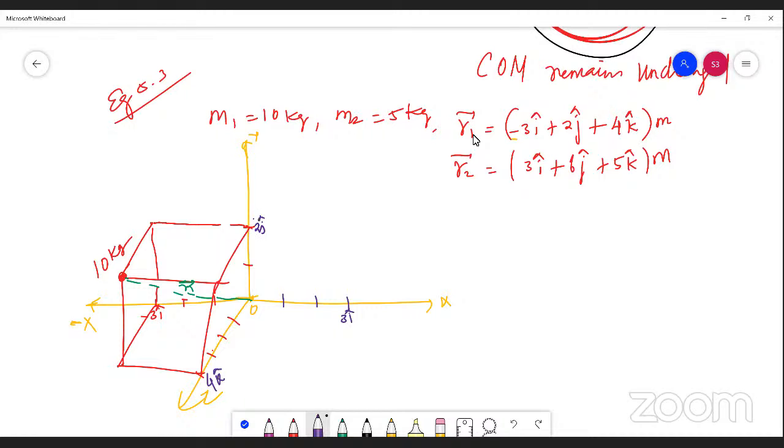Now this is 3i cap plus 6j cap plus 5k cap.